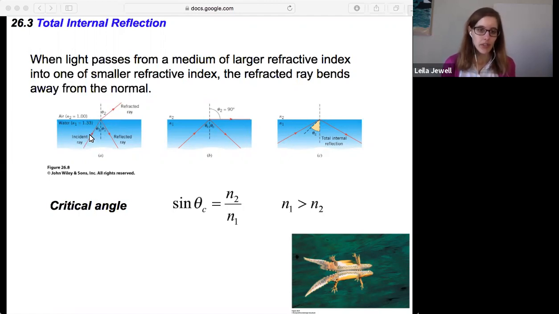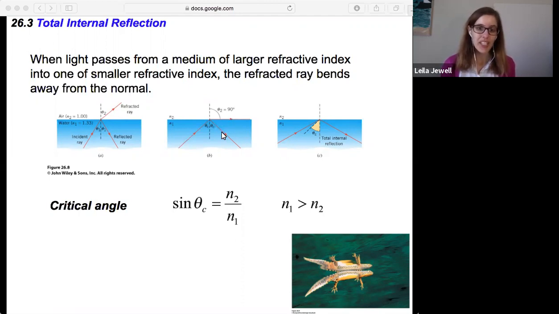Well, if we keep increasing this incident ray angle, theta 1, to larger and larger values, at some point you get an incident angle that creates a refracted angle that's so large, it's actually at 90 degrees. This is known as the critical incident angle. So the incoming light, in order for it to refract properly following Snell's law still, is going to refract at theta 2 equal to 90 degrees.